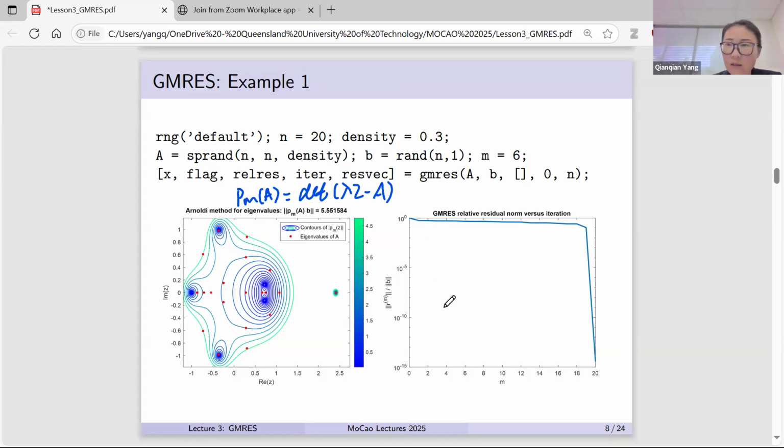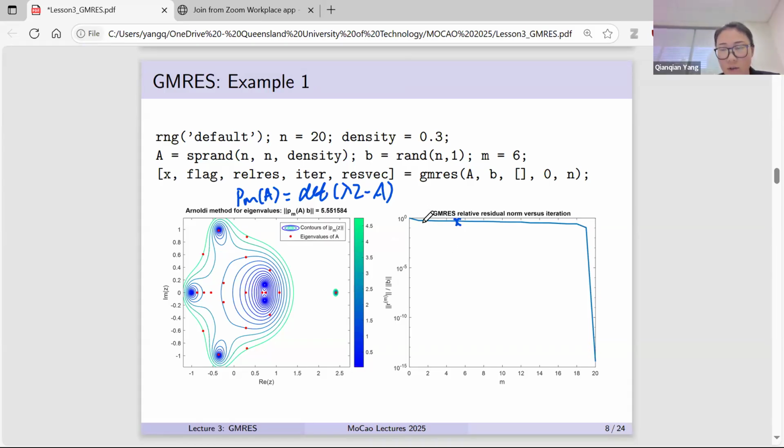And then on the right-hand side, we see the plot of the relative residual for solving our linear system. We see that for m equals 6, roughly like here, not much is happening.